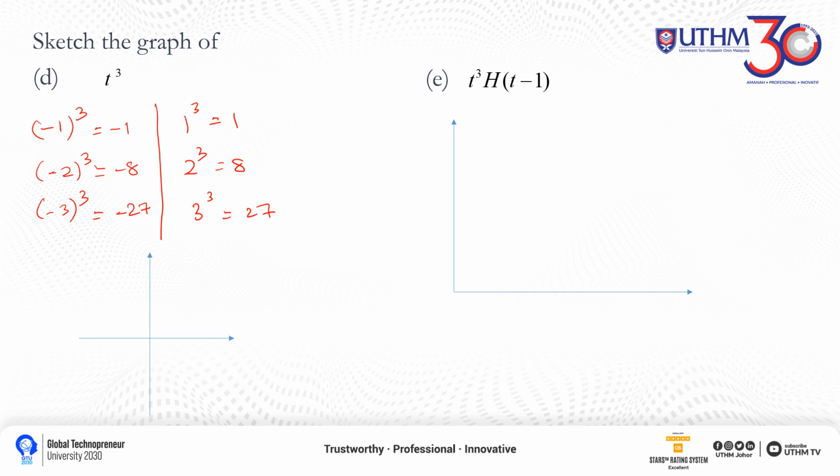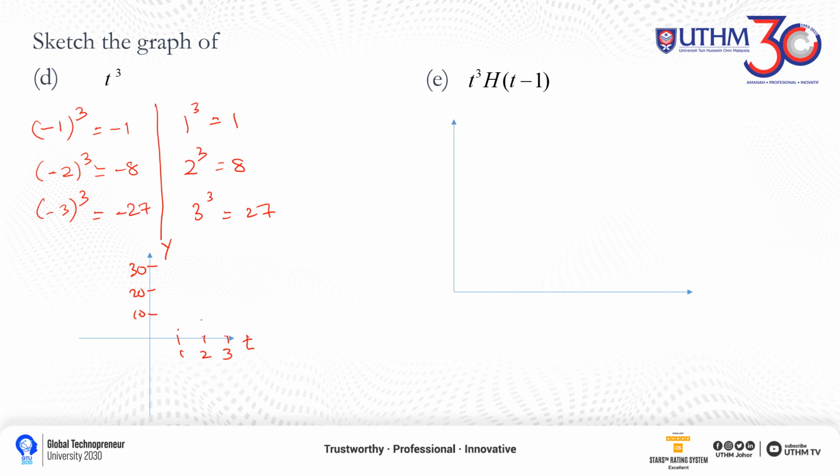So from here, I can transfer these values to the graph. The x-axis is t, the y-axis is y. So I have the x-axis for 1, 2, 3. And this is the y-axis, 10, 20, and 30. So for positive values, when t equal to 1, I have the value 1, and for t equal to 2, I have the value of 8.